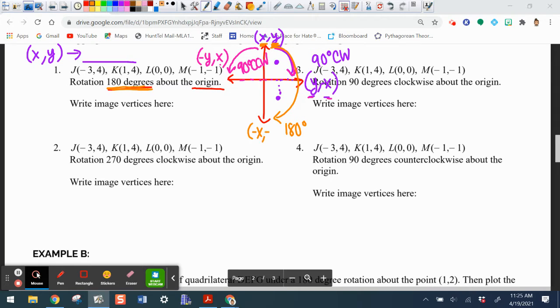So it'd be negative x, negative y. If we understand what we're really saying here with x and y, and our first function, 90 degrees clockwise, we should be able to fill in the pieces for 180 and 90-degree counterclockwise. So let's take a look.